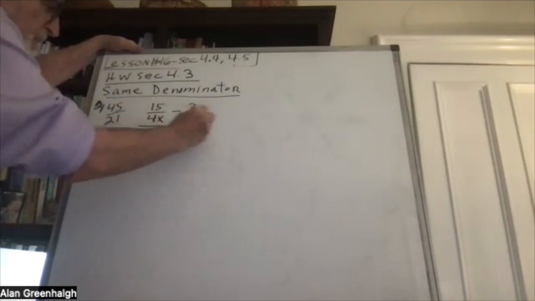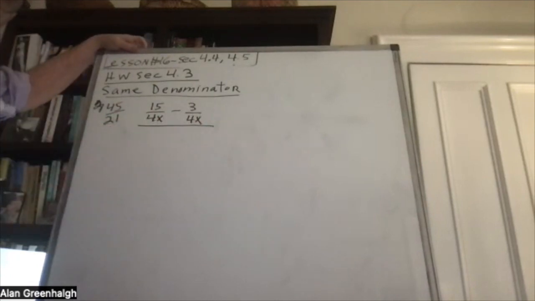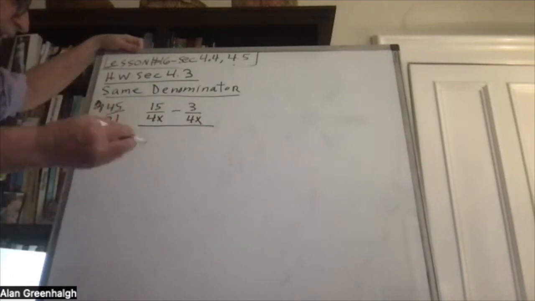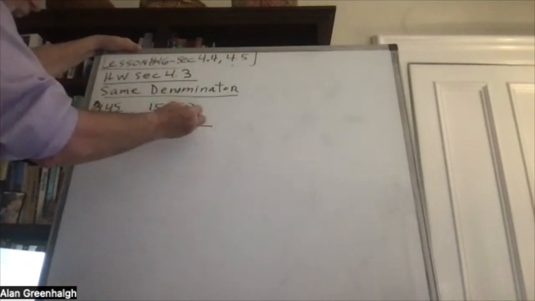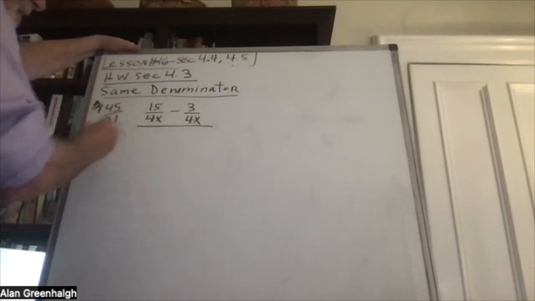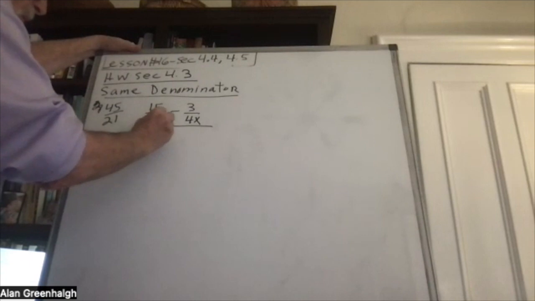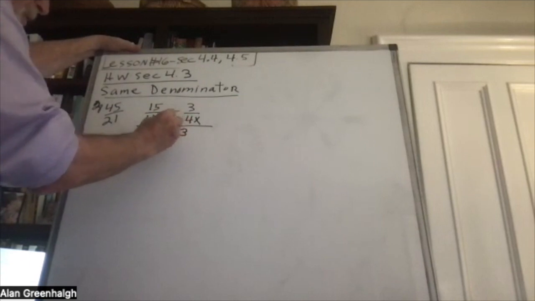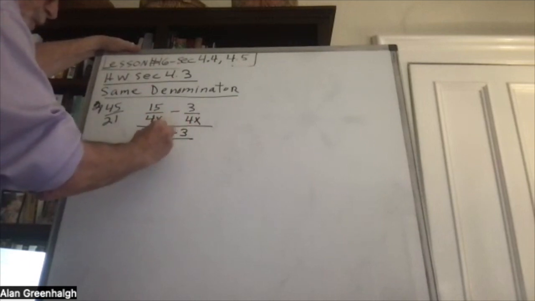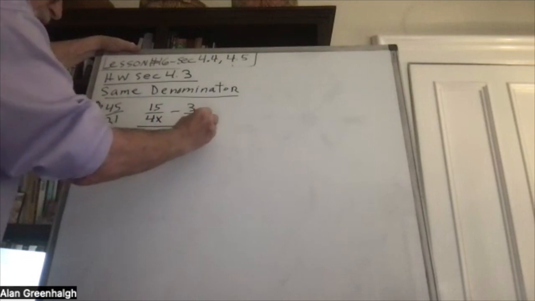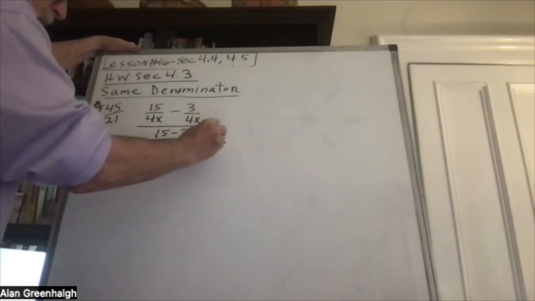Well, the rule is the denominators must be the same before you can add or subtract. So that's exactly what we have here. And it's going to be 15 minus 3 over 4x, which is 12 over 4x.